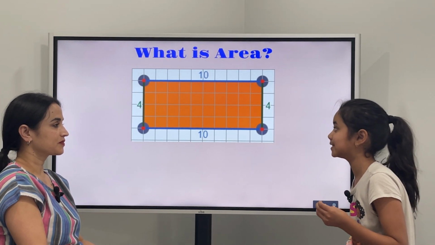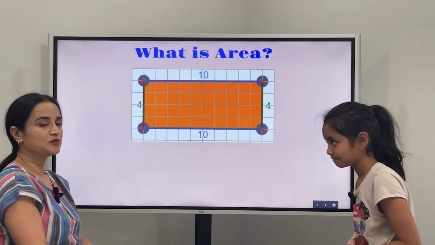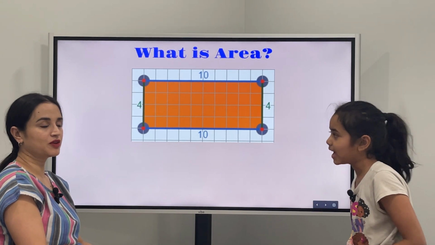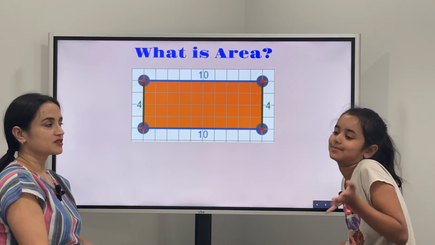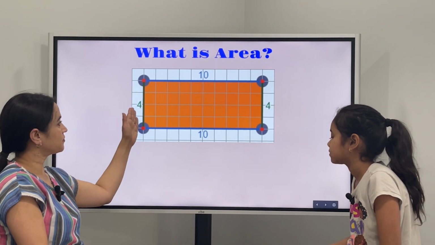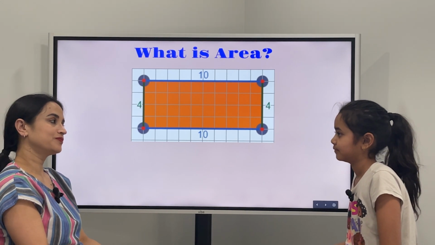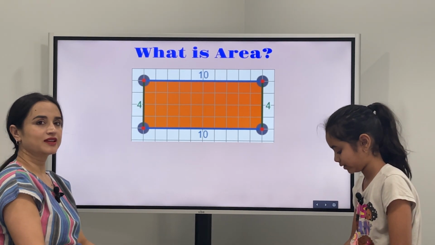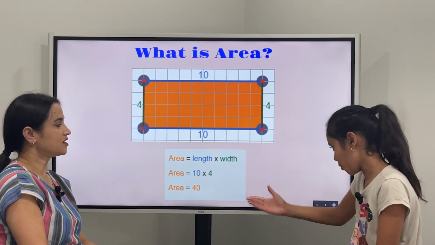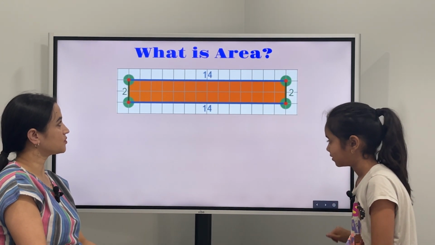The length is 10, and the width is 4. It doesn't matter. So 4 times 10 equals 40. Units we will discuss. So let's find the next one.